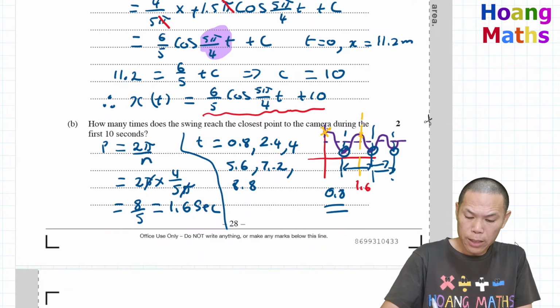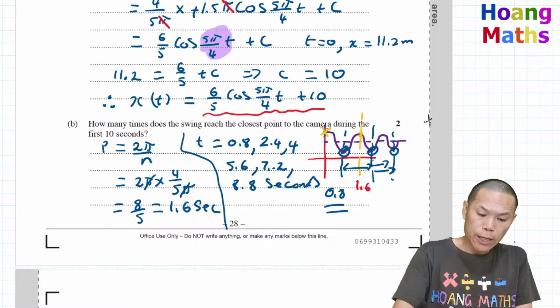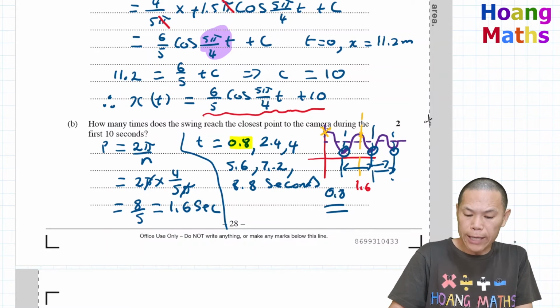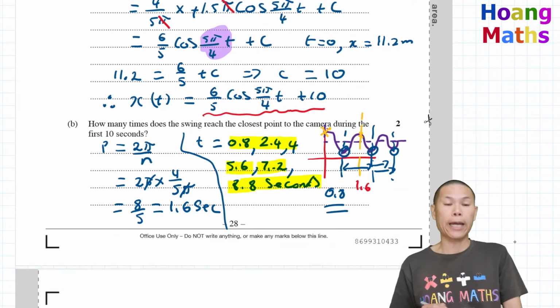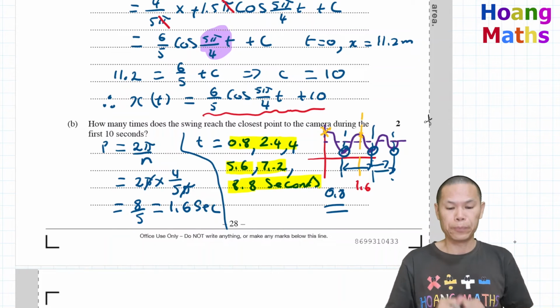Therefore, the answer is 0.8, 2.4, 4, 5.6, 7.2, 8.8 seconds. These are the times that are closest to the camera.